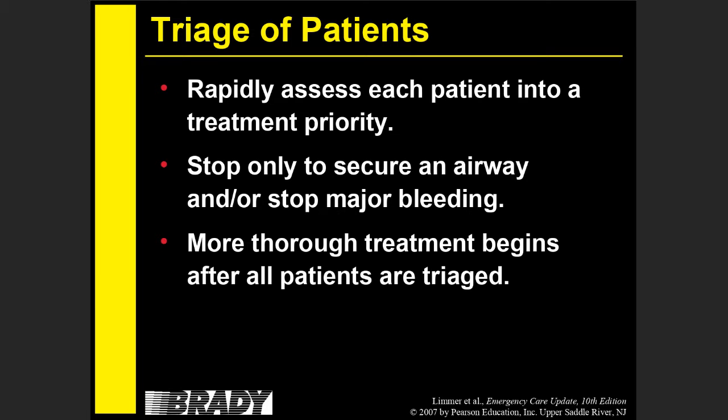You're going to decide who's the most stable, who's the least stable, who are basically deceased, and who's in between. You make that assessment, and then move on to the next. Hopefully within very little time, secondary, tertiary and backup units will come by, which will reassess and retriage and then finally take over treatment and transport.